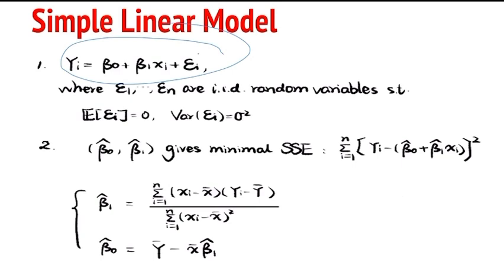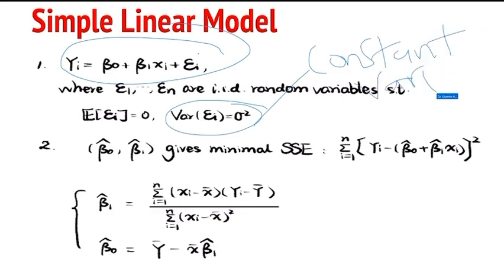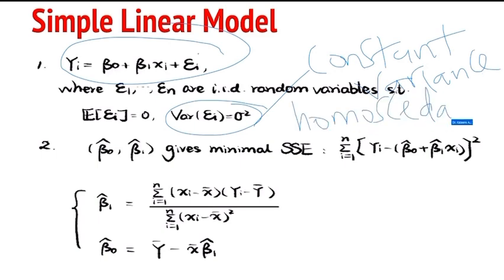The expected value of the error should be 0, and the variance of the error should be sigma squared. This is talking about constant variance. Another name for constant variance is what we call homoscedasticity.